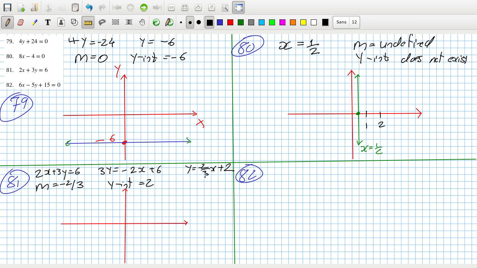So let's just say here, y-intercept is 2. Which means that if you travel out 3 units, you drop 2 units. So in a different color, if you travel out 3 units, you have to drop 2 units. So that would be at 3, for example. So the line would be like that.